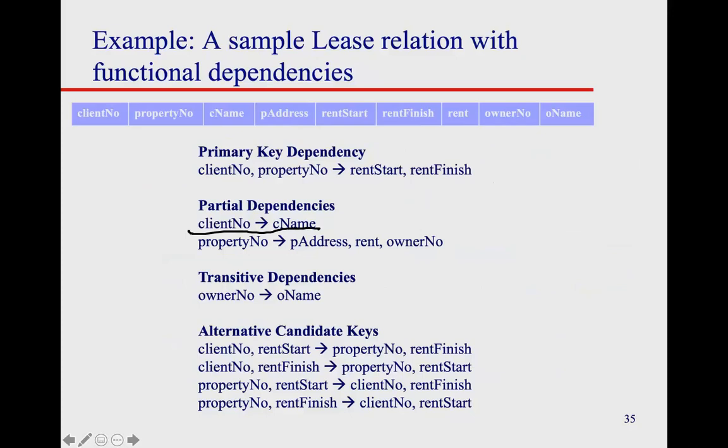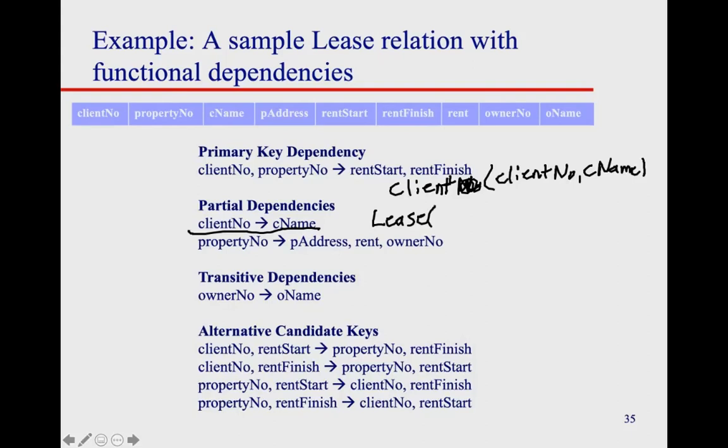So in second normal form, we would now only have two relations. One would be client, and it would have client number and client name. But in second normal form, the lease relation would have all the remaining attributes still.